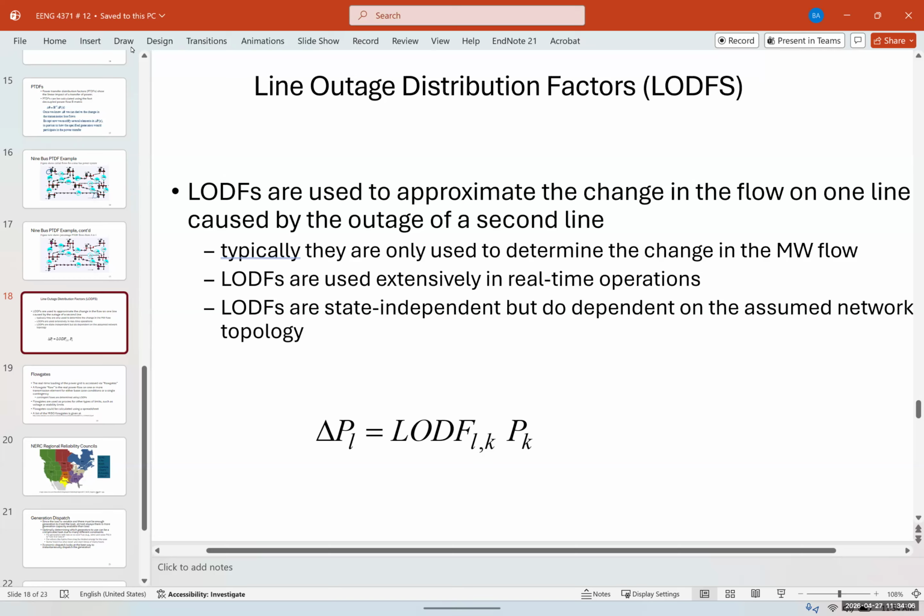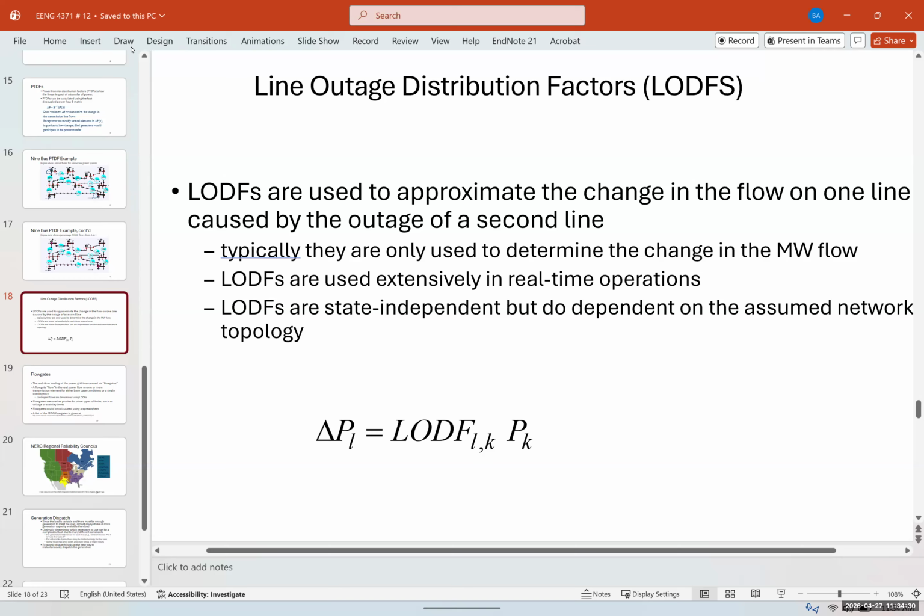Now, the line outage distribution factors, or what we call LODFs, are used for contingency analysis. The reliability standard in North America requires that the grid remain stable after any single element outage.